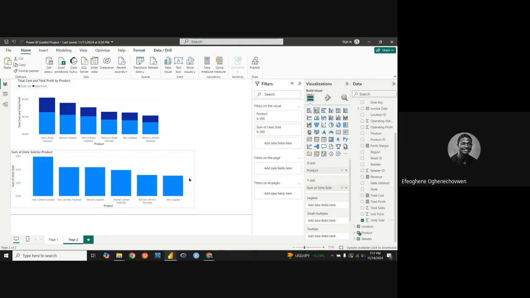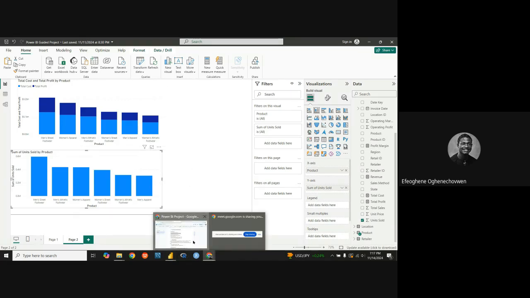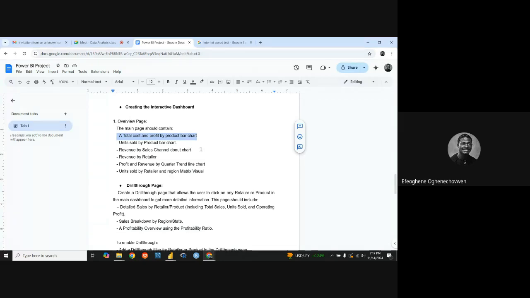Let's just drop all of these visuals and we'll explain them tomorrow because of time. Let me create one more. Okay, units sold by product batch rather, revenue by sales using the donut chart.